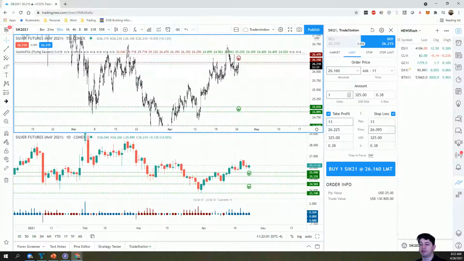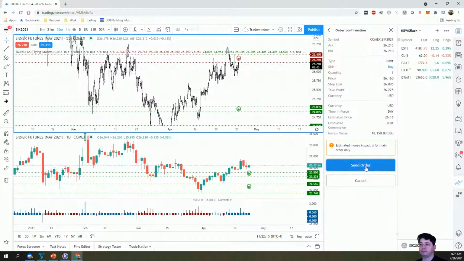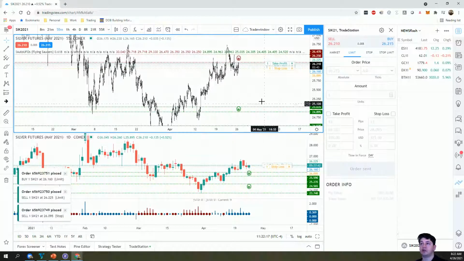So I personally won't be taking this, but this trade does meet the risk parameters. And if you wanted to take it, this will be the setup right here, 2616 to 26095, being the first leg of this order.